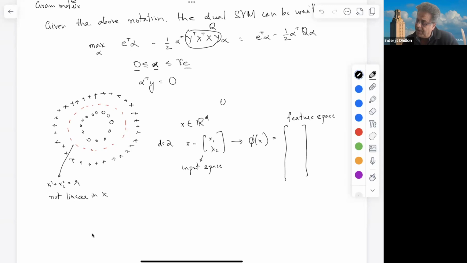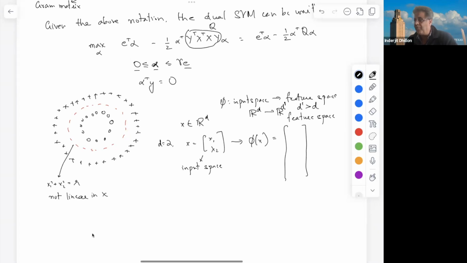So phi is a map that goes from input space to feature space. Input space is R^D, and typically the feature space will be R^D', where D' is greater than D.